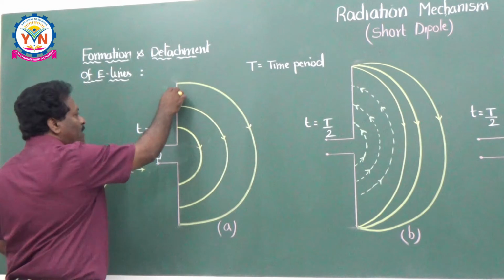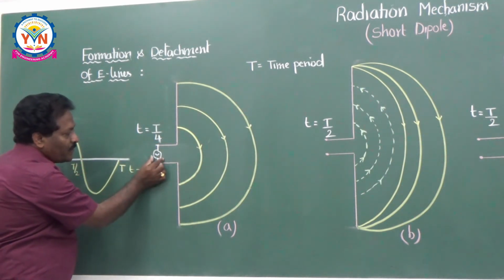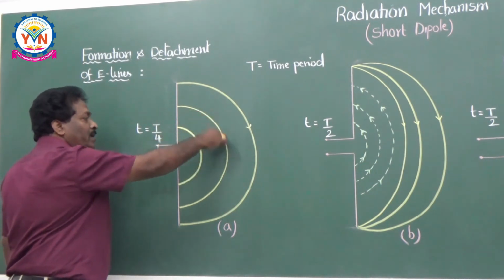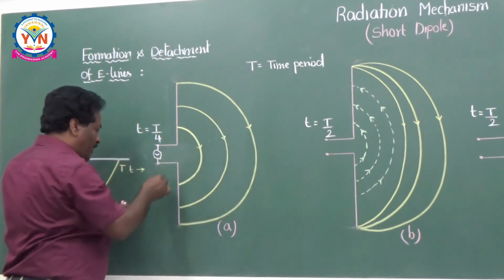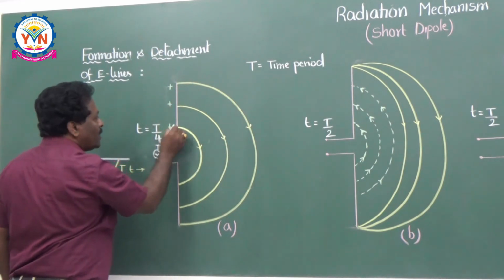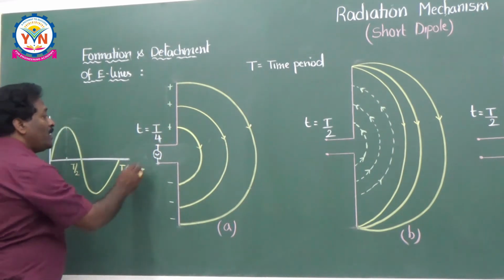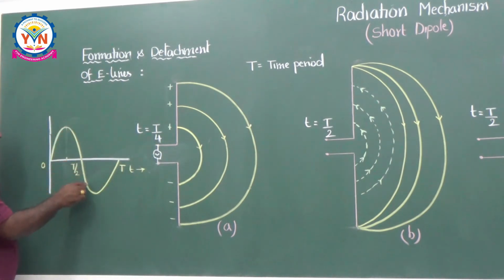So if you take, this is the dipole, we are feeding the information at the center, that's why it is a center fed dipole, and I am taking 3 lines of force here for my explanation. So these lines of force are nothing but the electric field lines originating from positive charge and terminating on negative charge. So if I give the information at the center in this form, it is an alternating field here.